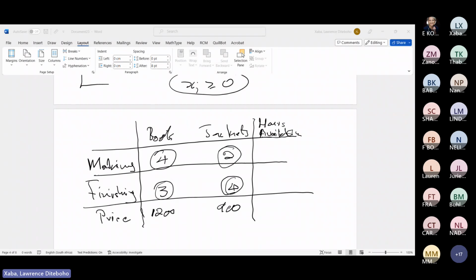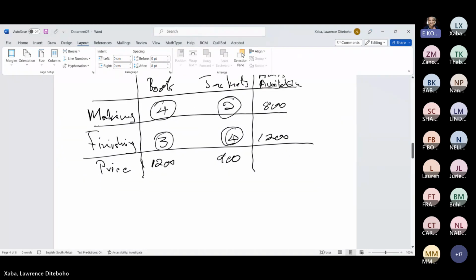We see the labor available for making is 800. Then the hours available in a month to finish the product is 1,200. Are we together now?